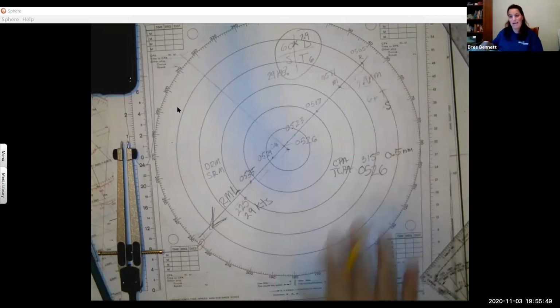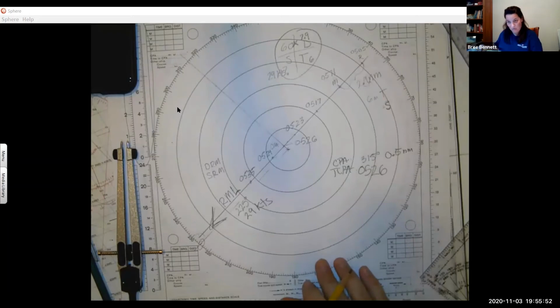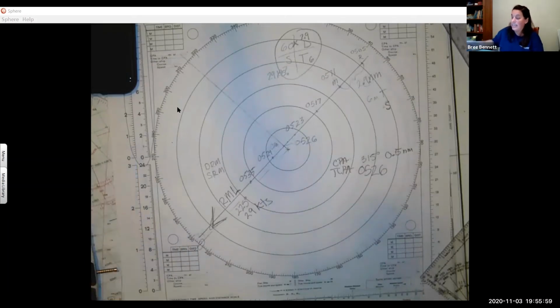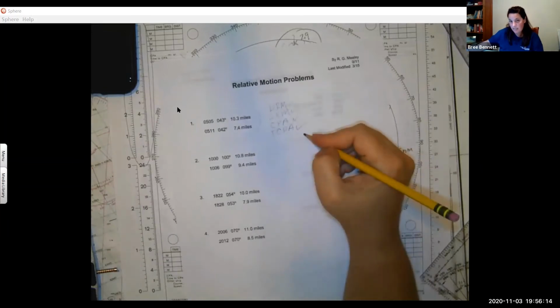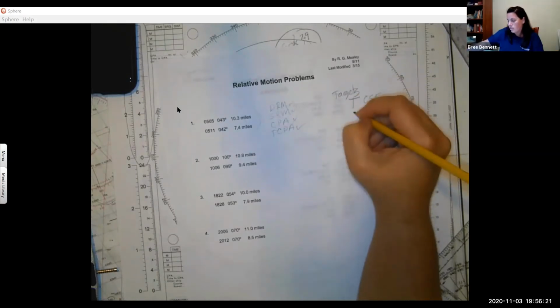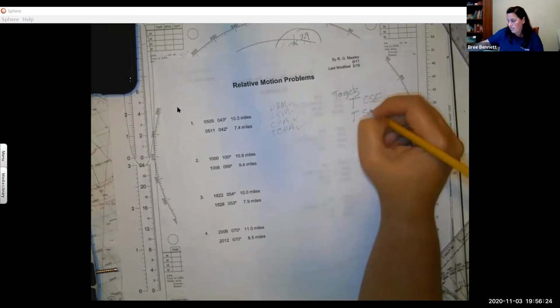So we're gonna master R to M in 4 questions, and then we're gonna do some E's. So if we had our own ship's course and speed, which we don't even have in these examples here, we could plot E, and then in addition to these, we can get the target's true course and the target's true speed.